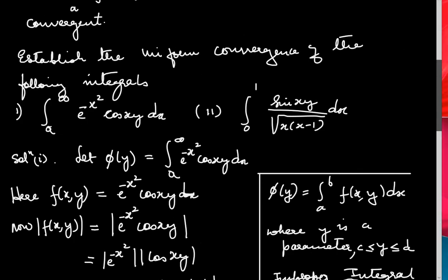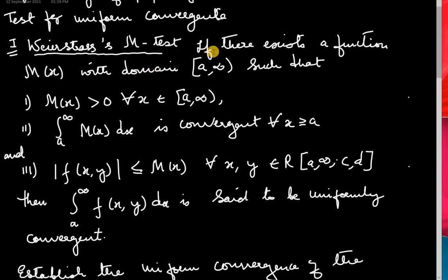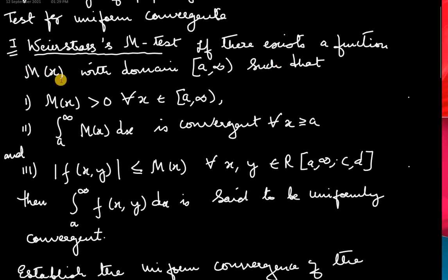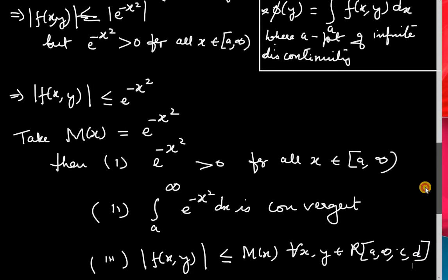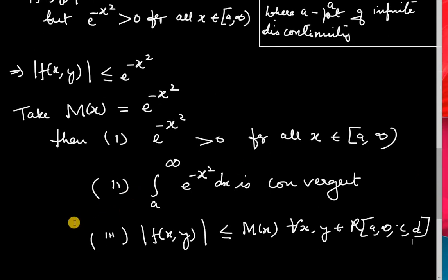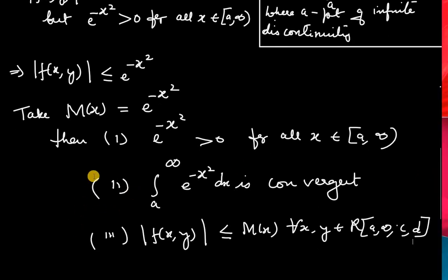The Weierstrass M-test says that if you can find a function M(x) satisfying these three conditions, number one, M(x) greater than 0 for all x belonging to a to infinity, the integral from a to infinity of M(x) dx is convergent, and then mod f(x,y) is less than or equal to M(x) for every (x,y) belonging to that rectangle, then we can conclude that the given improper integral is uniformly convergent. So here you can see that since all these three conditions are satisfied by M(x), we can conclude that the given improper integral is uniformly convergent.